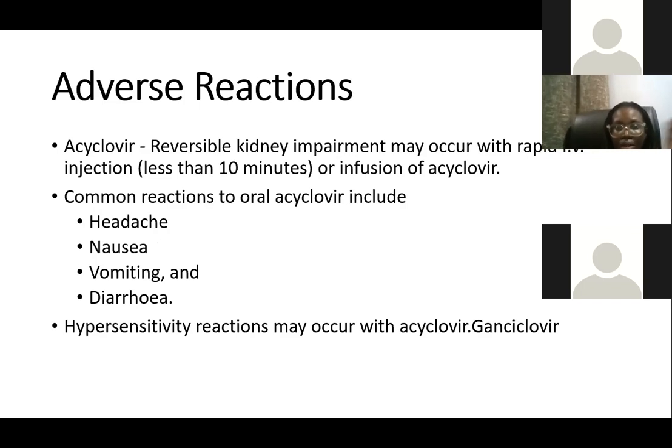So acyclovir can cause reversible kidney impairment when you give it as a rapid IV injection, that is, given in less than 10 minutes. Common adverse reactions to acyclovir include headache, nausea, vomiting, and diarrhea, and then hypersensitivity reaction.